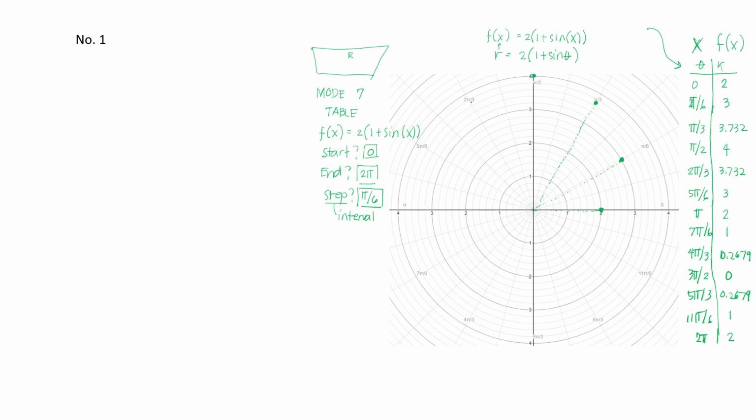So 3.7, and then 3, and then 2, and then 1, and then 0.26, di ba? And then 0, then 0.26, and then 1, and then 2 again. Okay? So that's how you plot your values.